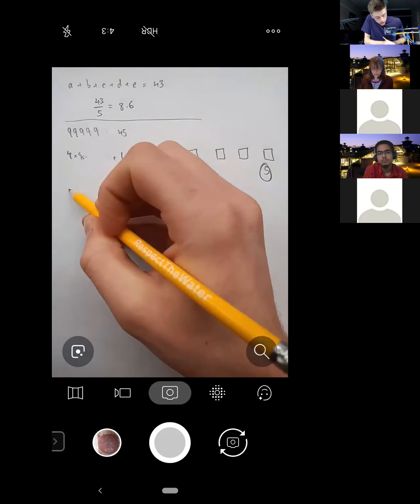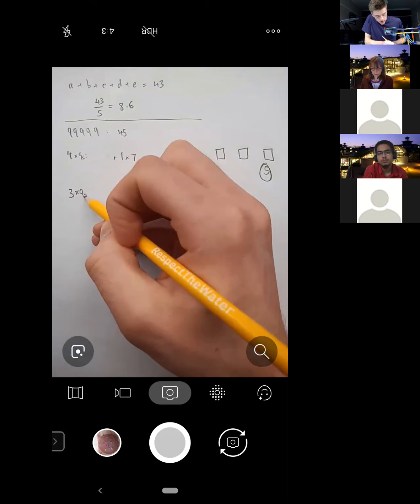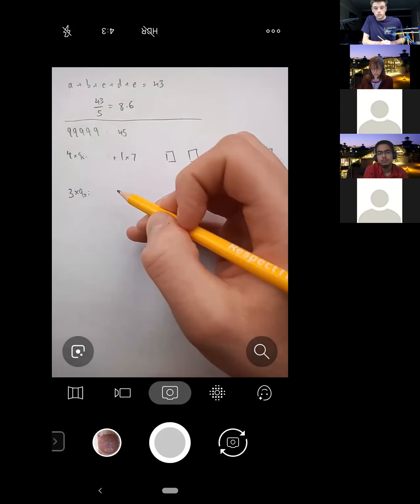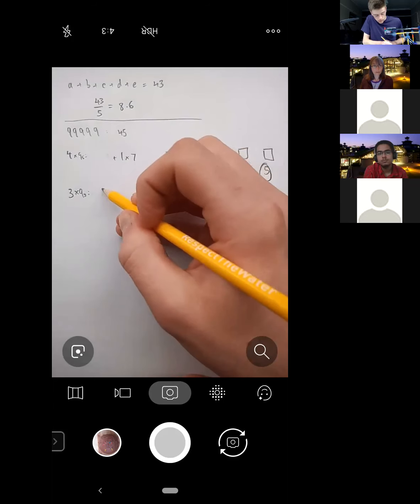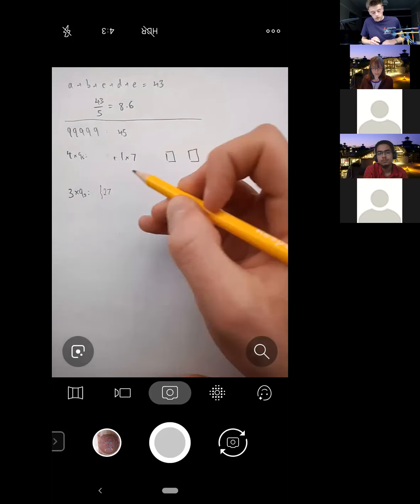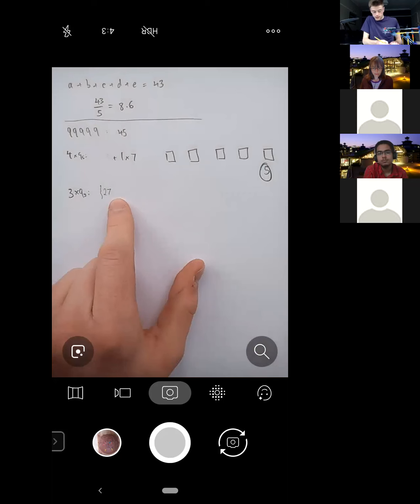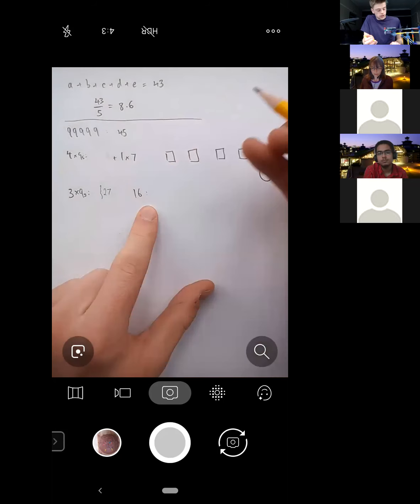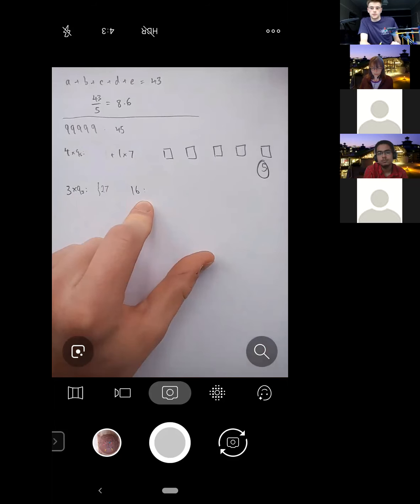What about if we've got 3 9s? Okay, so now these sum to 27. And we're trying to get to 43, which is 16 more than that. And we're trying to get 16 out of any digits 0 to 8. And we've only got 2 to play with.